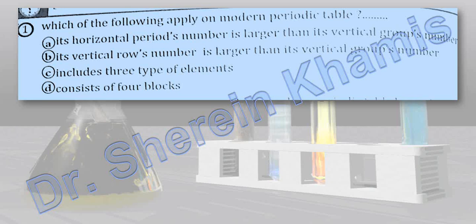B: its vertical row number is larger than its vertical group number. C: it includes three types of elements, or D: it consists of four blocks. Do you think what is the right answer here? I think it's an easy question at first. The answer is that it consists of four blocks.